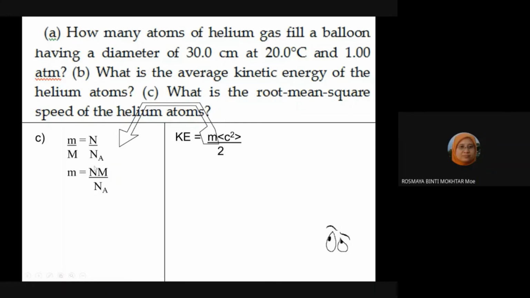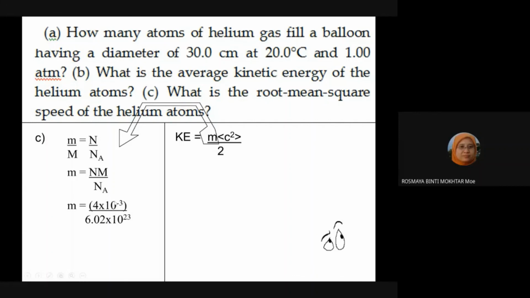So cross multiply, we get nM per Avogadro number. This is the mass for one molecule, so n is 1. I repeat again, for the formula given here, m is the mass for one molecule, so n is 1. The molar mass for helium, referring to the periodic table, is 4 gram per mole.